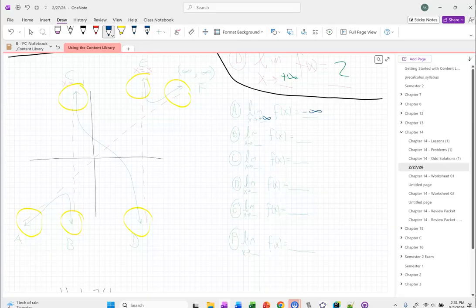For B, what x value are we pointing to? -1. And which side of -1 are we on? Superscript negative. And what y value are we pointing to? Negative infinity.